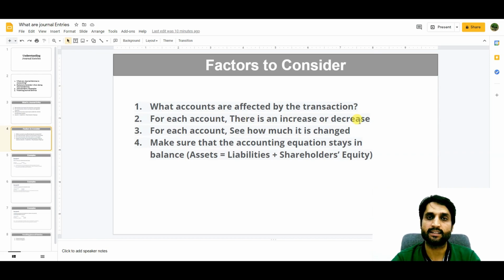One account will increase and one will decrease. When we buy stationery on cash, cash will decrease and the stationery account will increase. For each account, see how much it has changed. Make sure the accounting equation stays in balance, like assets equal to liabilities plus shareholders' equity.